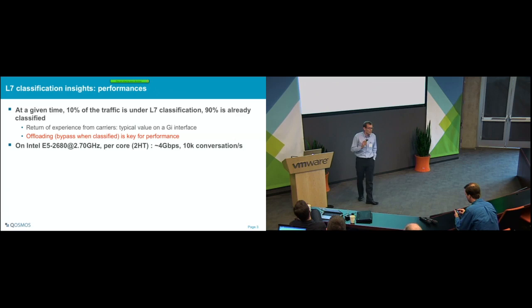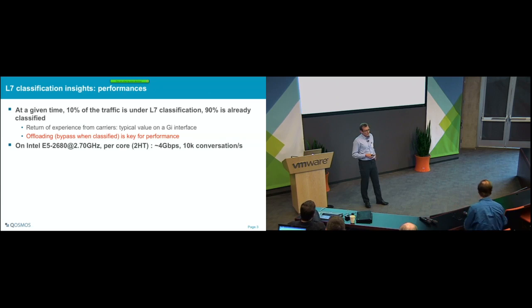In terms of performance, this is not data center data, this is telco data, because we have customers in all spaces, but our biggest customers are in the telco area, and our DPI engine is embedded in GGSN. In GGSN, our experience is that 10% of the traffic is under classification at a given time, and 90% is already classified, so you just want to analyze 10% of the traffic.